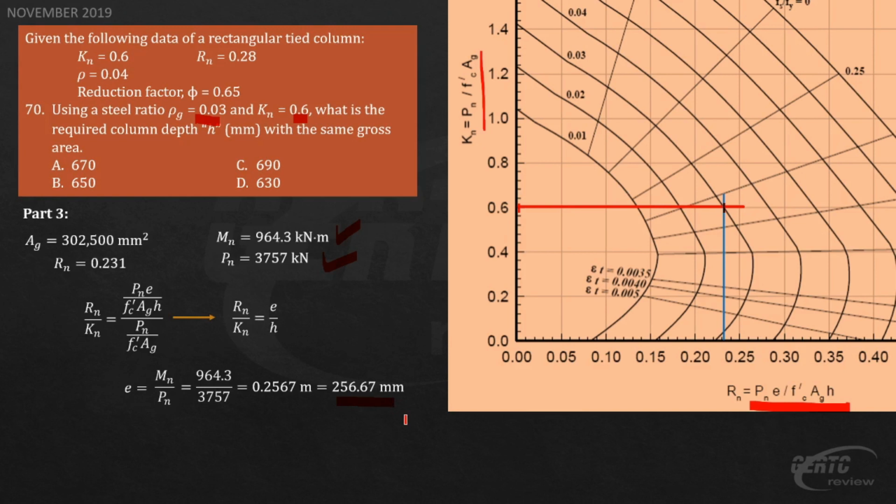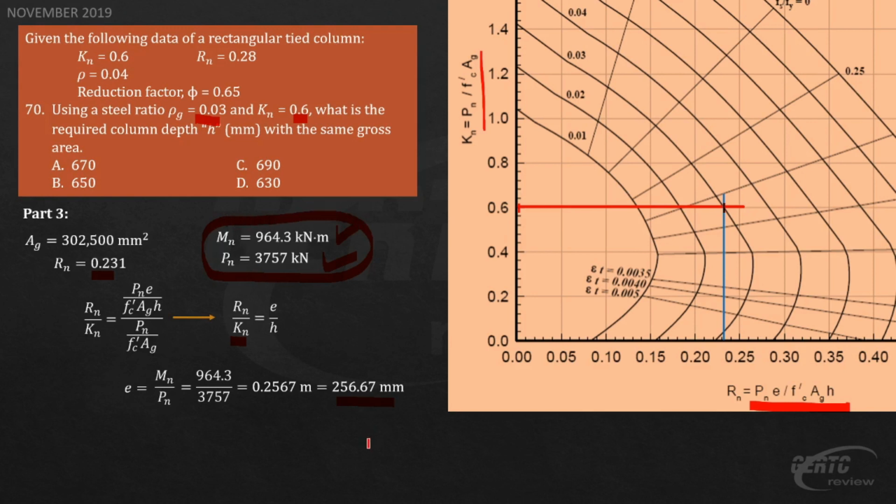Okay? So, with that known, ang E natin, ang Rn, Kn known, makukuha natin yung H. Take note, Rn is already solved. Kn is given in that problem. Kinuha lang natin yung E based on Pn and Mn. The same loading as in the previous questions. Part 1 and part 2.